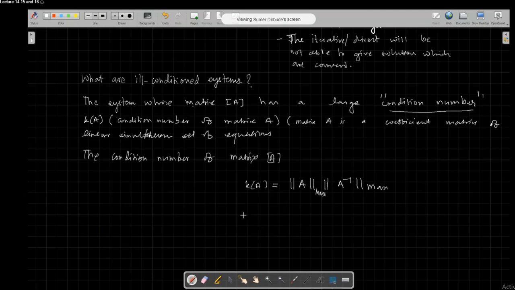And if this kappa is very large, then the system of equations, or matrix A, is ill-conditioned.